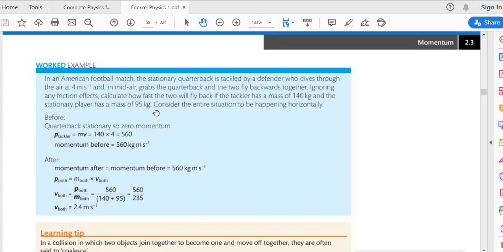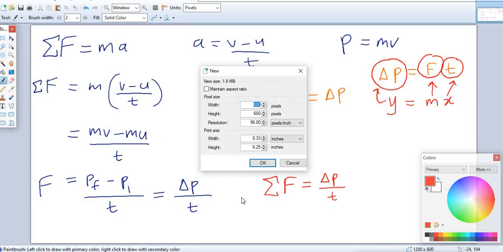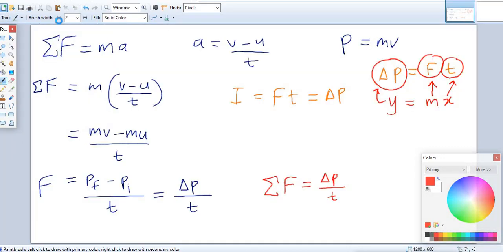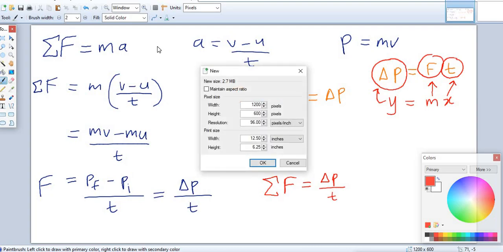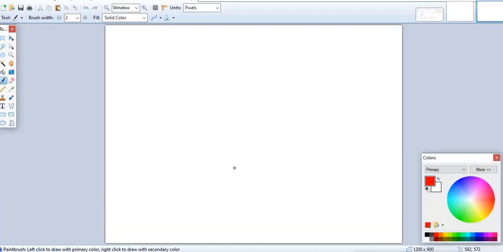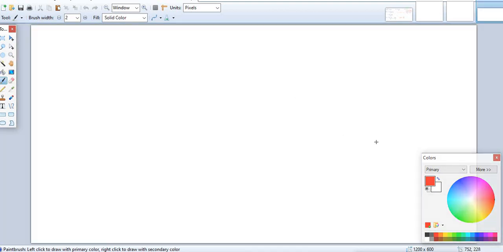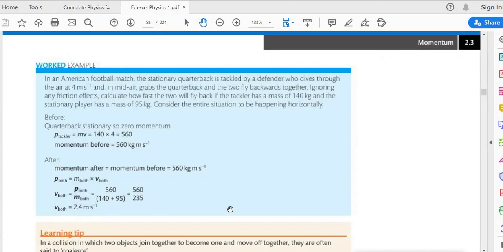Now again, when it comes to a question like this, it's better if you can sketch a diagram. In an American football match, the stationary quarterback, I will label that as Q. Okay, so he is stationary.